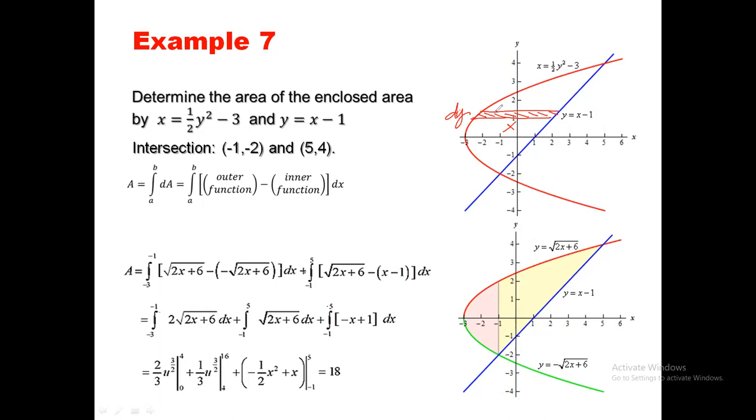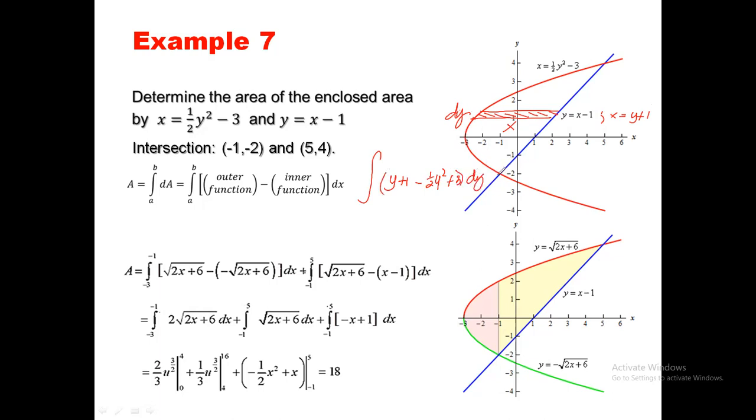If you set up your integral here, the solution is different. You will have the x of this line, which is y plus 1, taken from here: x equals y plus 1. And minus the x of this curve, the entire expression: 1/2 y squared minus 3, so plus 3, dy.